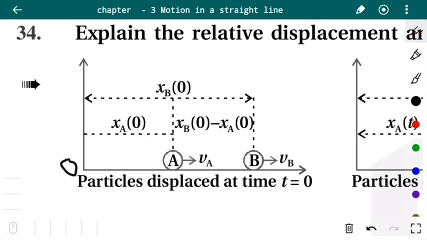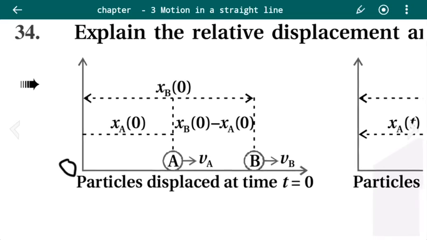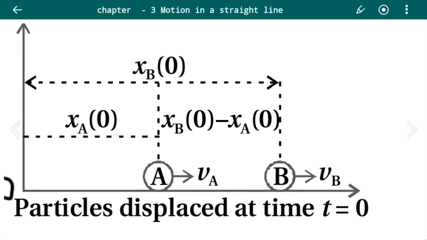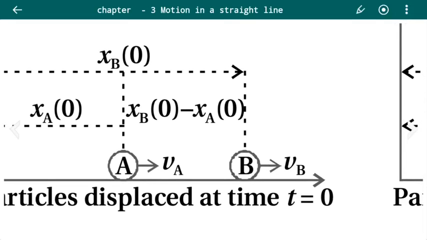The position of the particle A with respect to this origin is XAO, that is, position of A with respect to O, and the position of B with respect to O is XBO. This shows the position of B with respect to O. Then what is the distance between this A and B?